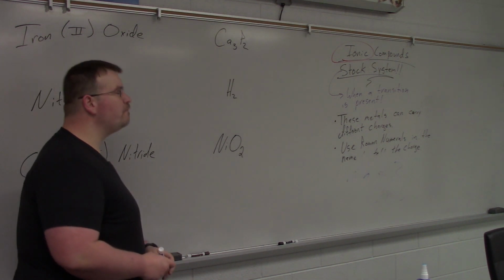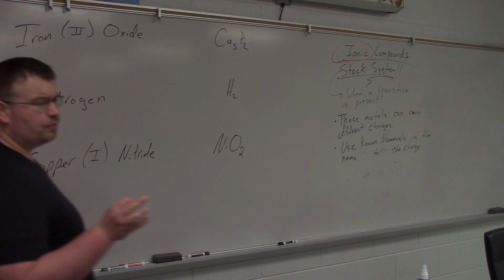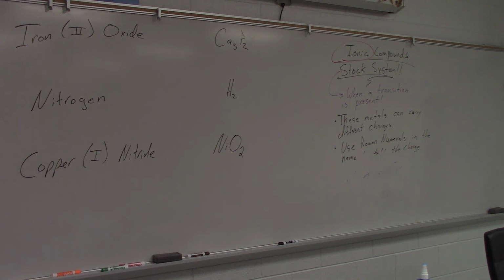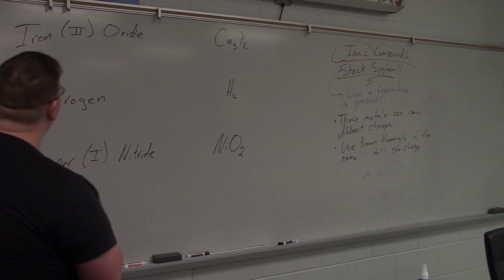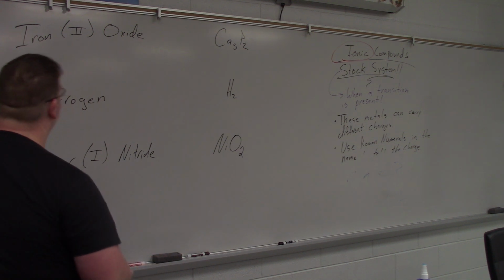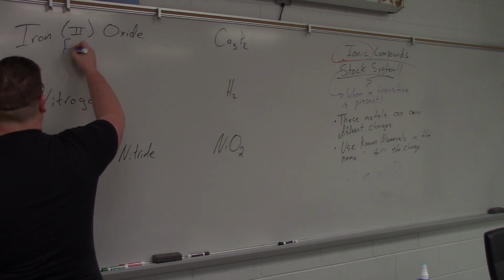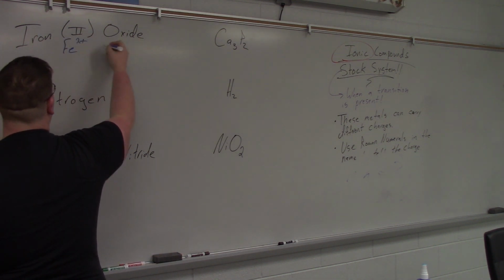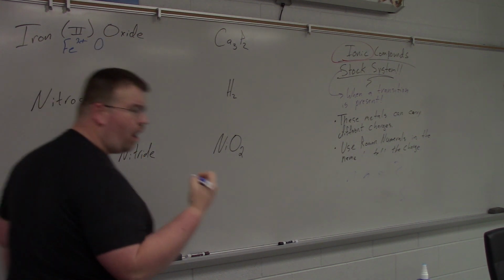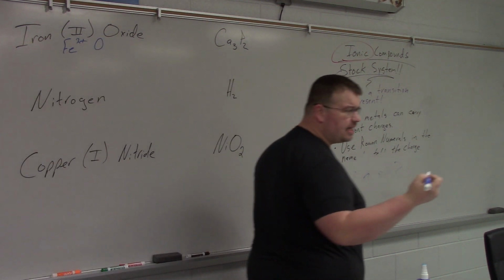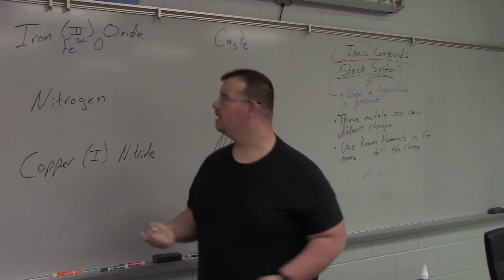Iron 2 oxide. Whenever I look at this, I have a 2, which means a charge for the iron. Because iron is a transition metal, it can carry multiple charges, so I have to show the charge. This way is easy. I have Fe for iron, with a 2 plus charge. Oxide comes from oxygen in the 16th column, so it has a 2 negative charge.